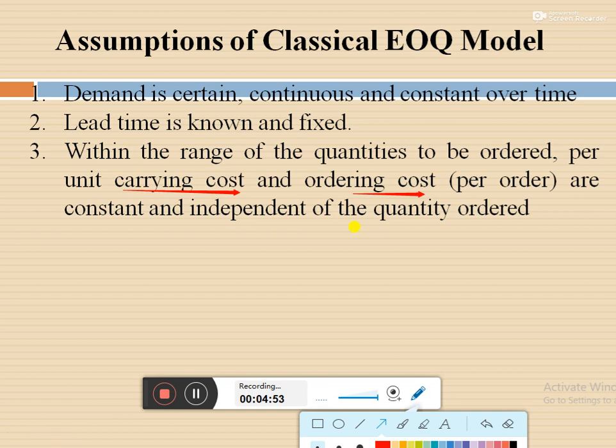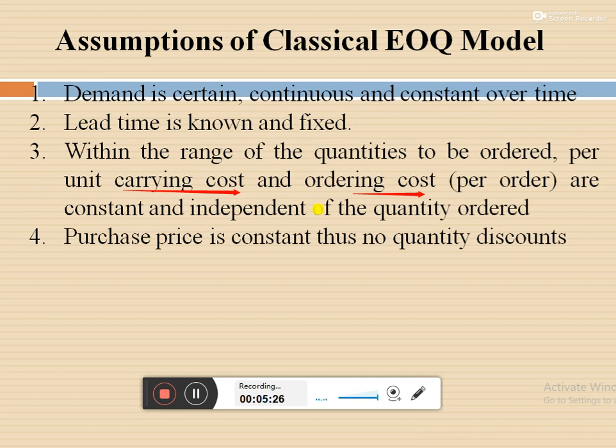It means the per order cost is fixed and constant, and it would not change with the quantity ordered in a particular order. Similarly, the carrying cost is also fixed and generally given in terms of per unit per annum specifications.